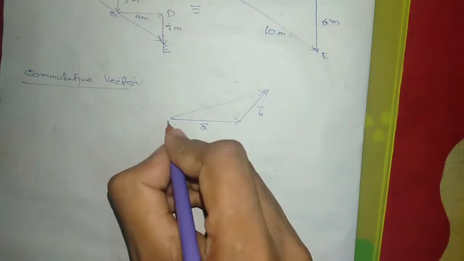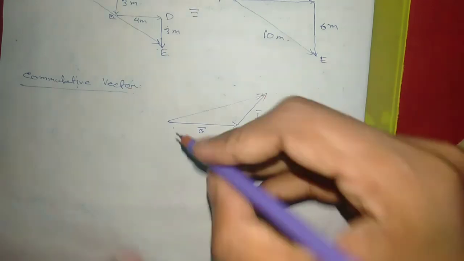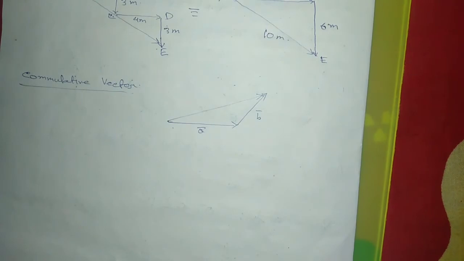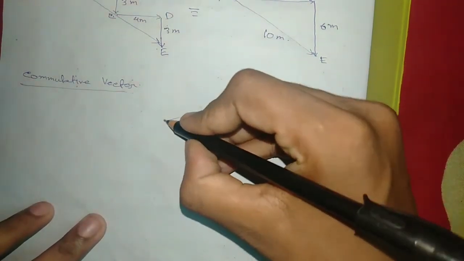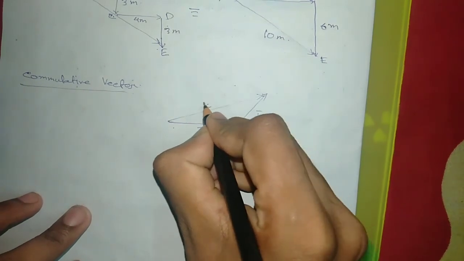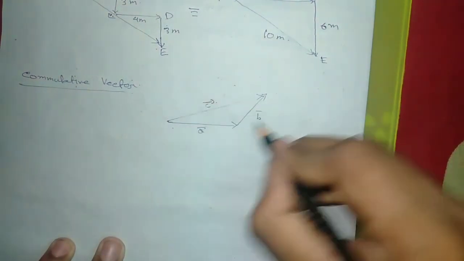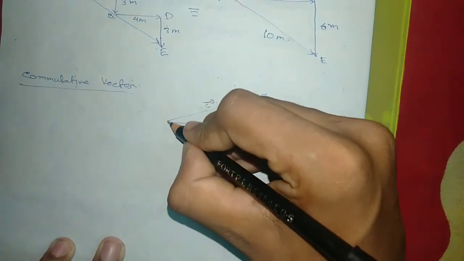Okay. By parallelogram vector law, we can write it. This is C vector. We can write it by parallelogram law.